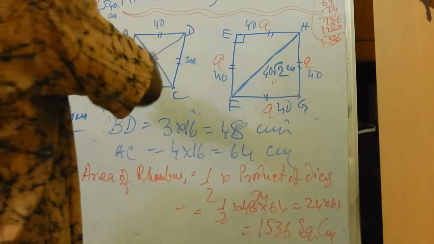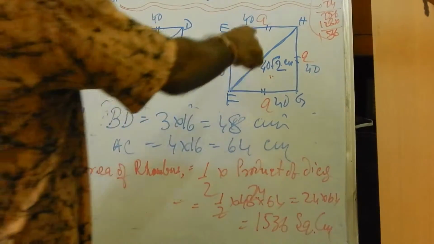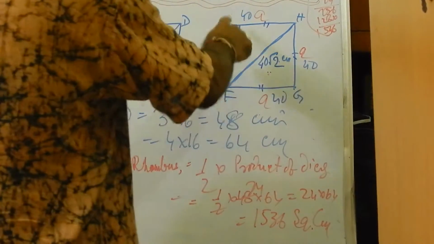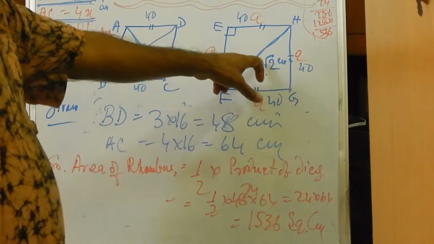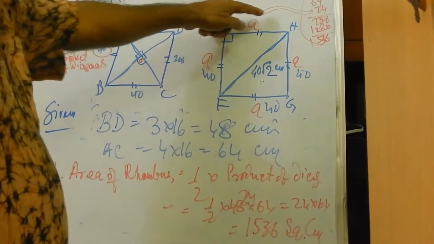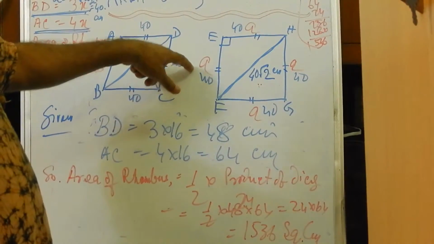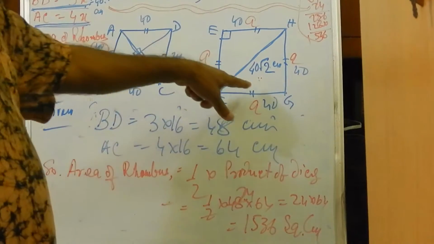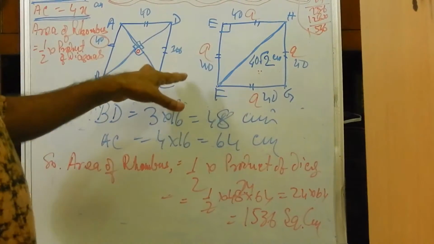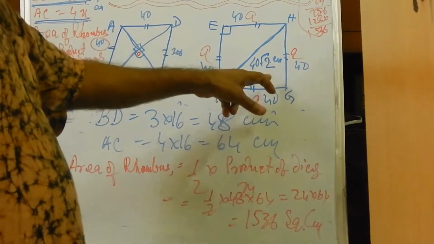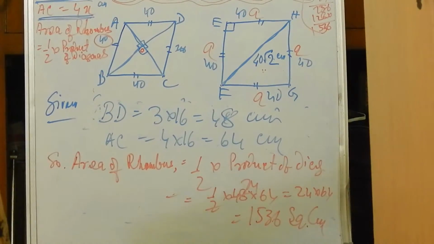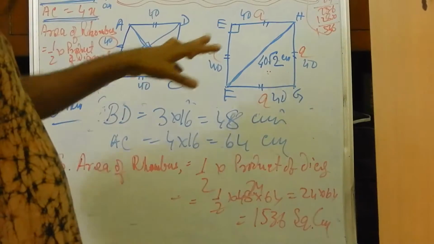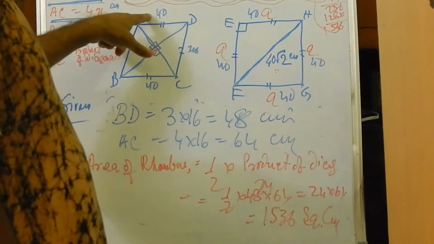So we took it as 3x and 4x, and from this clue 40 root 2, because this is a square, this is right angle, so this is hypotenuse, and this length we took as a. So a square plus a square equal to 40 root 2 whole square, and we deduced the value of a, it was 40. So we put it here.